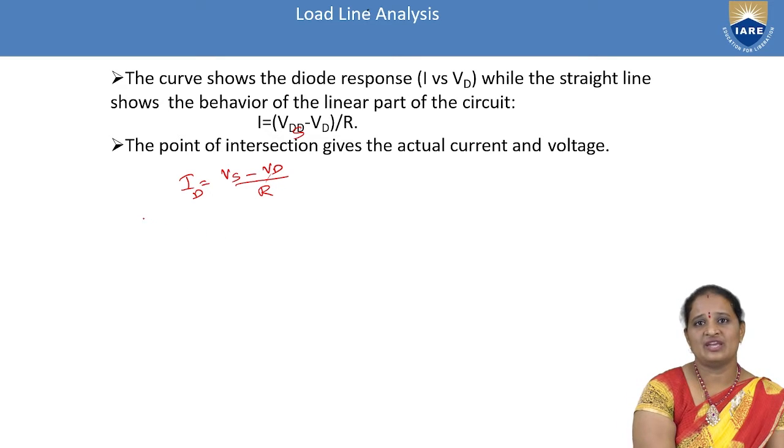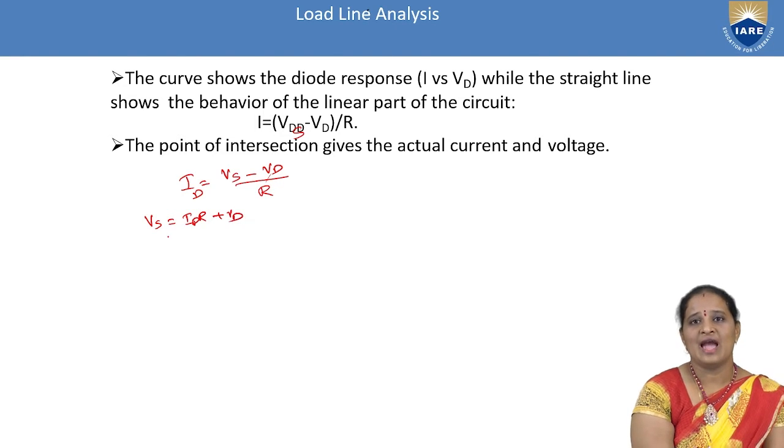So let us take the first equation, Vs equals Id into R plus Vd, and find the point of intersection of the straight line with the x-axis.